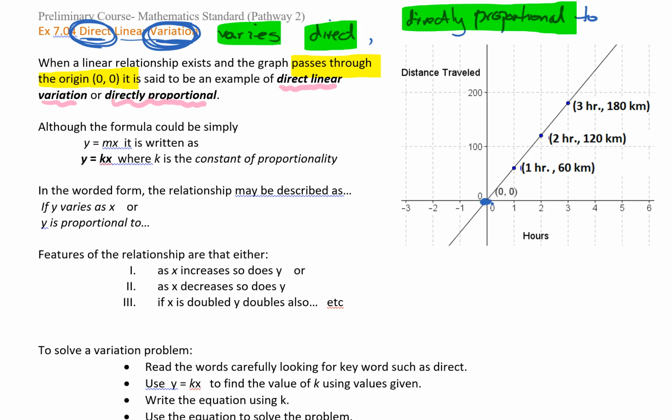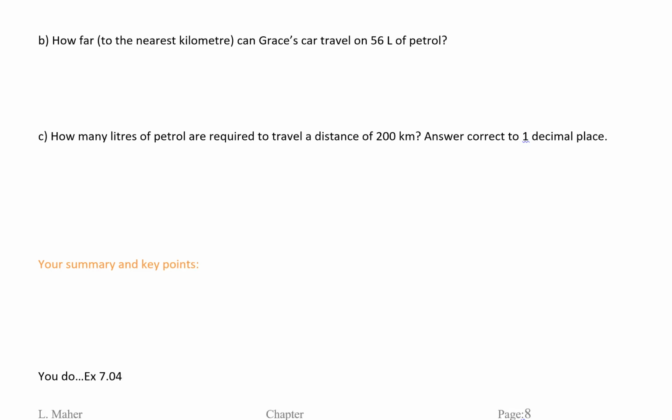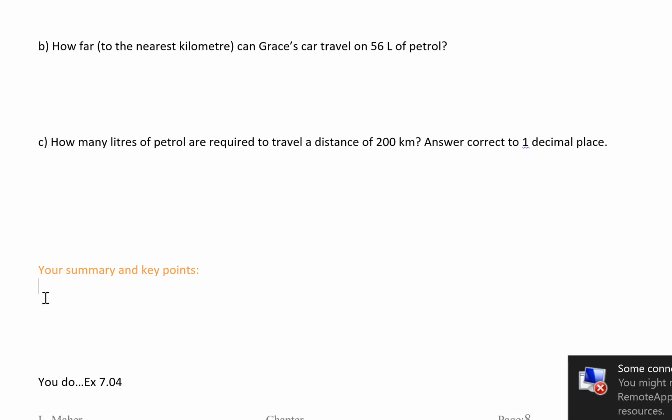Now, if you're wondering what should go in your key points and summary for this exercise, this is definitely a point. Everyone in the class should be able to take that idea and write it down here in your summary and key points. That when you come across the words varies directly or directly proportional, the graph will pass through the origin.